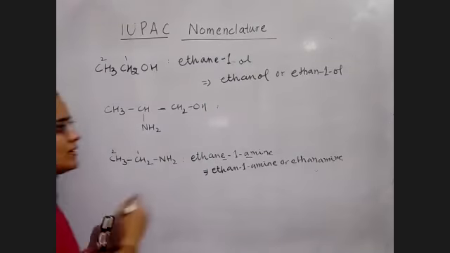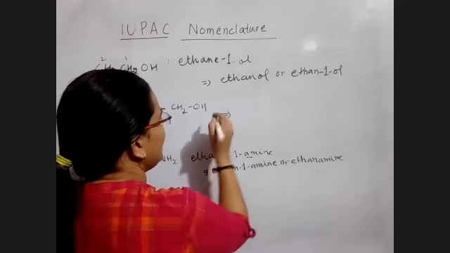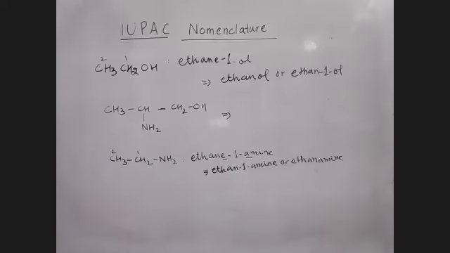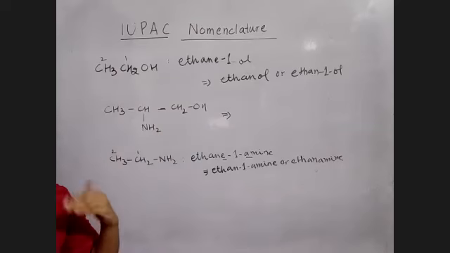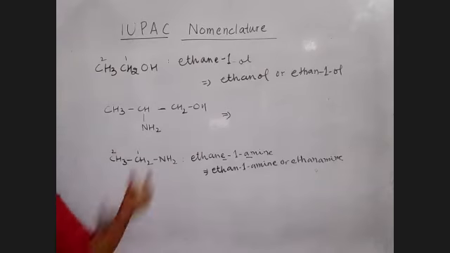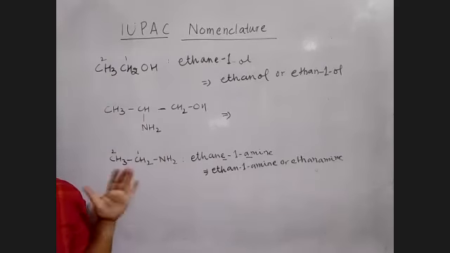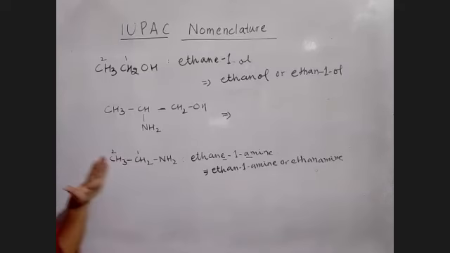Now the second structure. In this there are two functional groups present, OH and NH2. One will be the senior functional group, the other will be the junior functional group. Which one is senior, OH or NH2? You decide the senior or junior based on the table that we have just drawn.